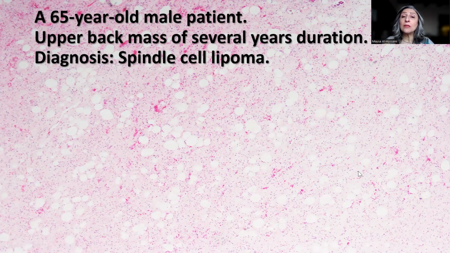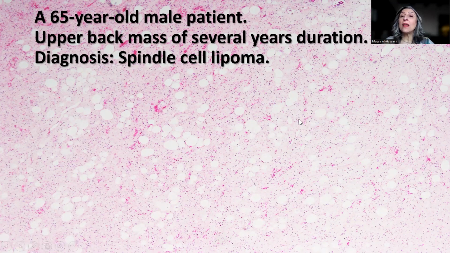Remember that the spindle cell component can be positive for CD34, as the stain was in this case. And remember that spindle cell lipoma is kind of related to another benign lipoma, which is the pleomorphic lipoma, in which we see florid cells present among the typical infiltrate or the typical morphological features that we encountered in this case.